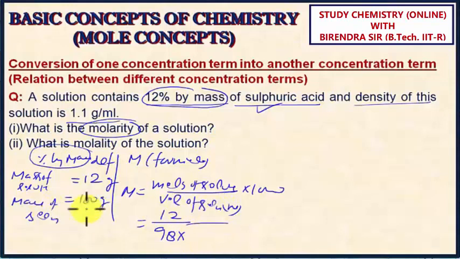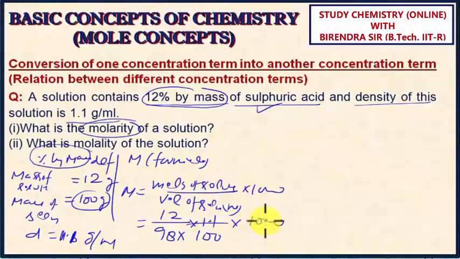What is given? Mass of solution. But at the same time, the density of solution is given as 1.1 gram per ml. So mass upon density means 100 upon 1.1 into 1000. My point is clear. Now, if you solve this, it comes 1.346. So 1.346 is the molarity of this solution.